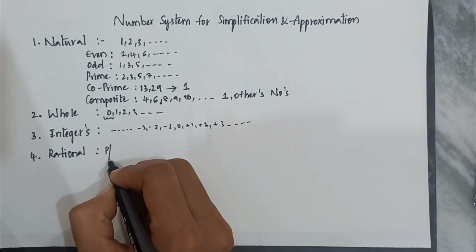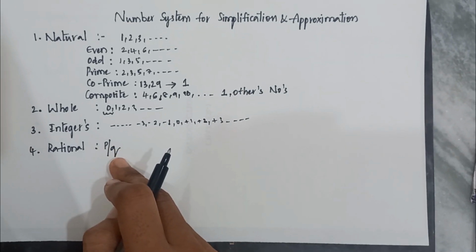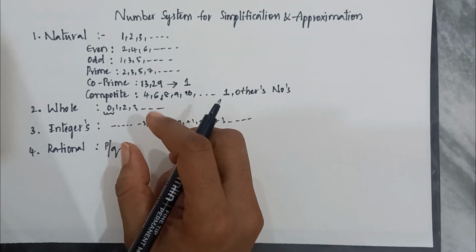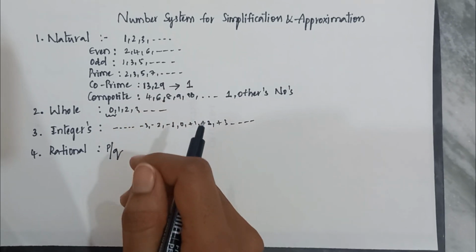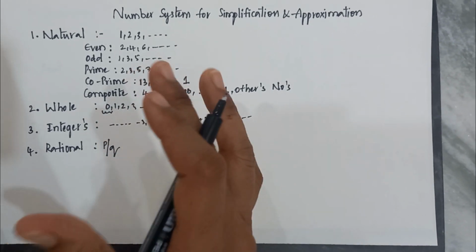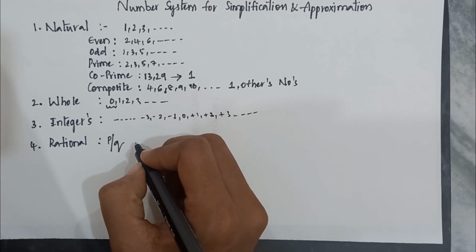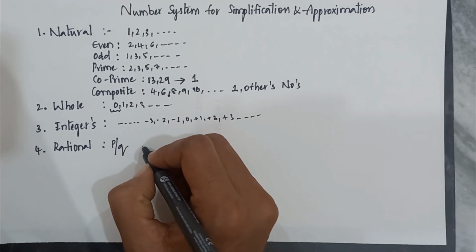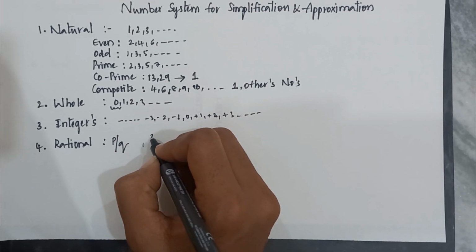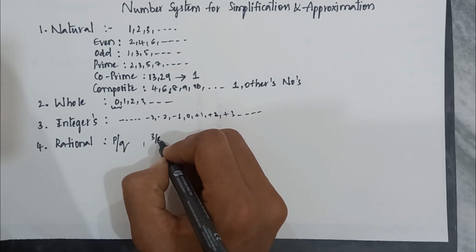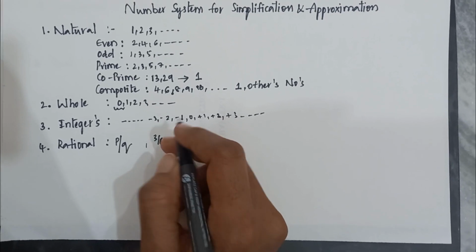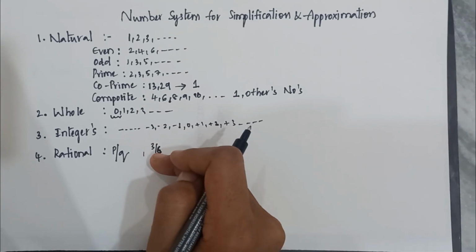What are the rational numbers? Rational numbers are the numbers which are in the form of p by q. If a number can be written in the p by q form, then it is a rational number. For example, 3 by 5, 3 by 6 are in the form of p by q, so they are rational numbers.